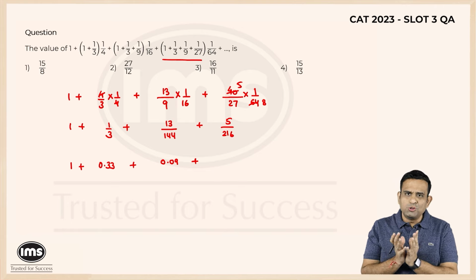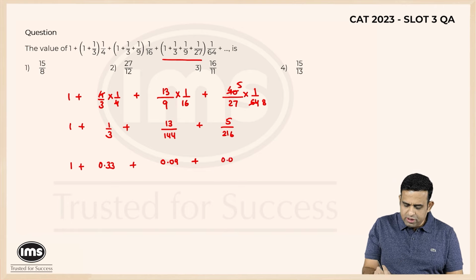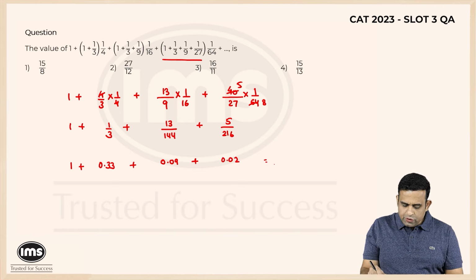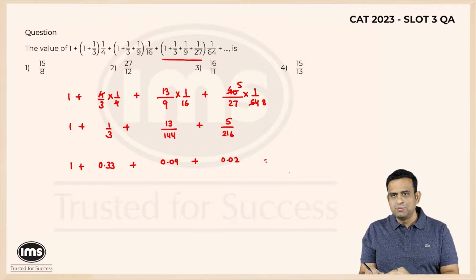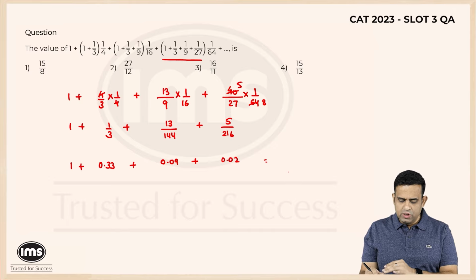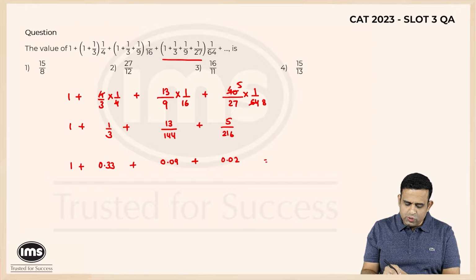So this thing is close to 2%, in decimal 0.02. So if I add the number 1 plus 0.33 plus 0.09 plus, let's say, 0.02, this comes out to be close to 1.44.